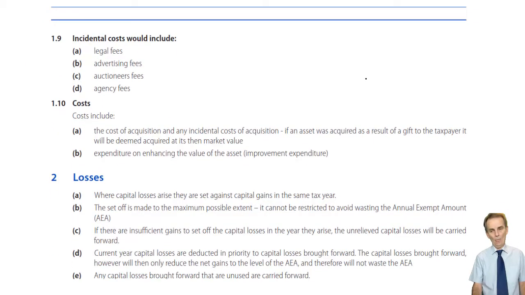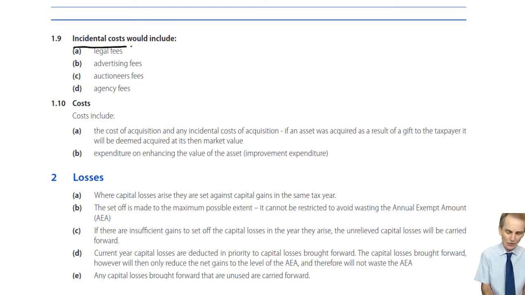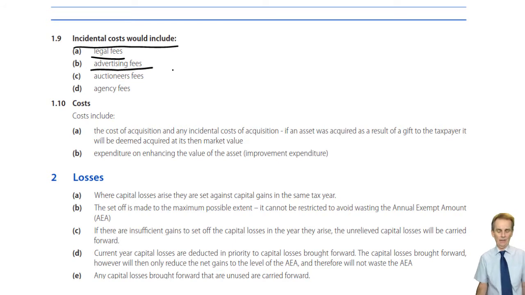Having got your disposal consideration, we then need to deduct any selling expenses, any incidental costs on sale, and they would include, if you're selling a property, legal fees. In selling anything, you may have to advertise, so there are advertising fees.